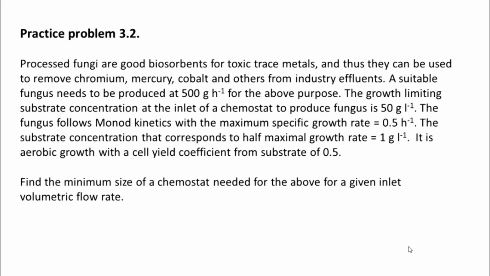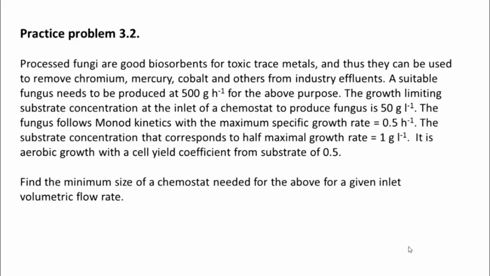The growth limiting substrate concentration at the inlet of the chemostat to produce fungus is 50 gram per liter. The fungus follows Monod kinetics with the maximum specific growth rate being equal to 0.5 hour inverse. The substrate concentration that corresponds to the half maximal growth rate is 1 gram per liter.